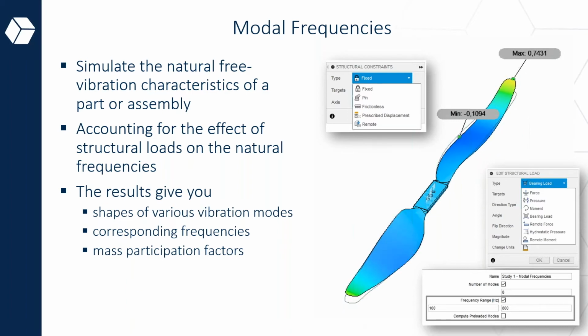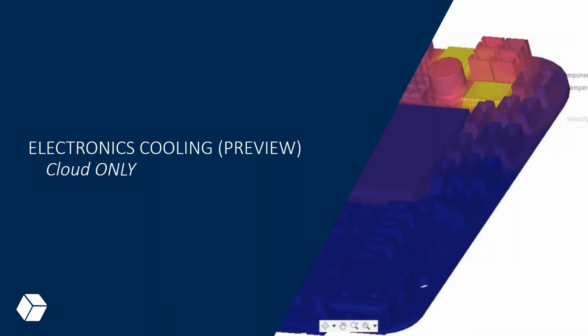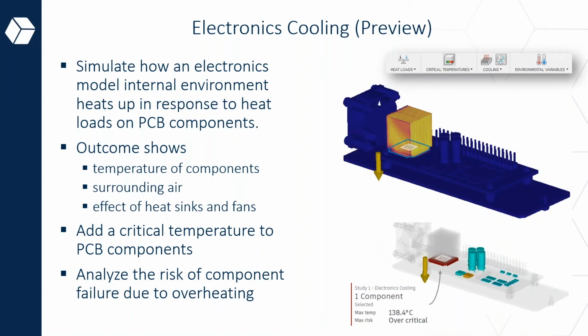So moving on quickly, we have the electronics cooling, which is in preview, like I said earlier. What this is, basically, is that you've got PCBs, printed circuit boards, that heat up under operation. Certain temperature fluctuations may change the way in which the printed circuit board works, and its effectivity and efficiency.